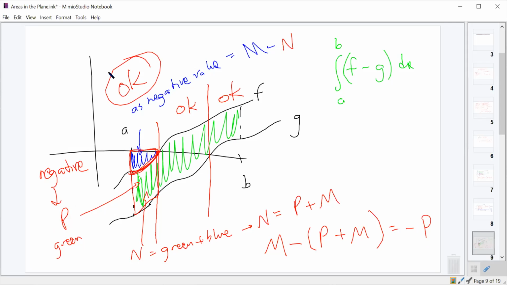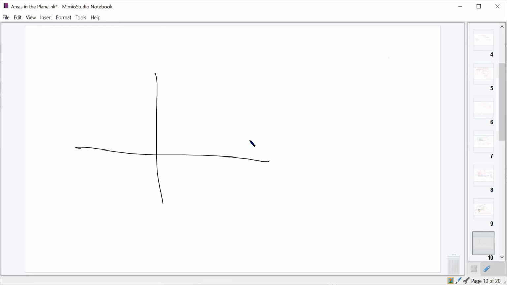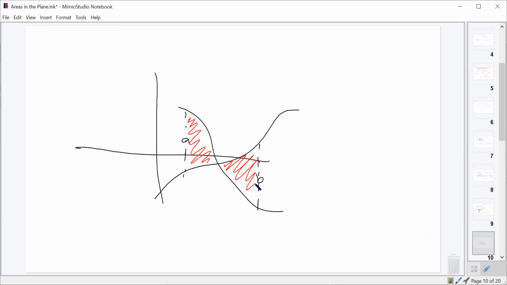So it doesn't matter if we cross through the x-axis. It doesn't matter if both of them are above, both of them are below, or if they cross through in the middle of the interval. Anytime we are doing the area between two curves, all we have to do is take the upper one minus the lower one and integrate. Now, if we have a situation where the two curves intersect between a and b, where we have multiple different regions, this is when we would have to separate it into two different integrals.